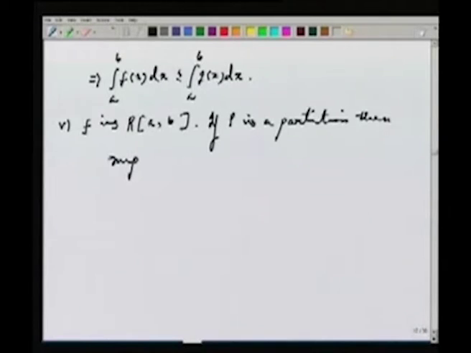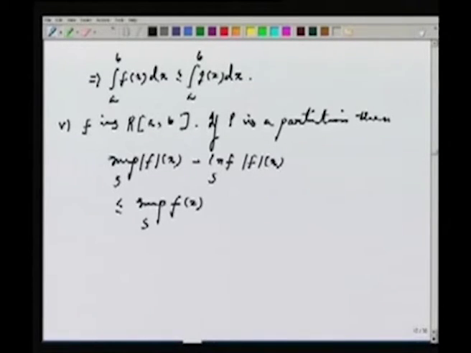the supremum of mod f(x) over any set, let us say S, minus the infimum of mod f(x) over the same set S is certainly less than or equal to the supremum of f(x) over S minus the infimum of f(x) over S, right?